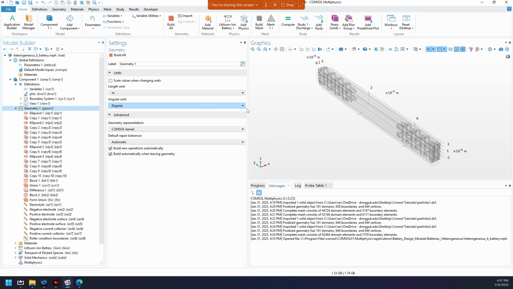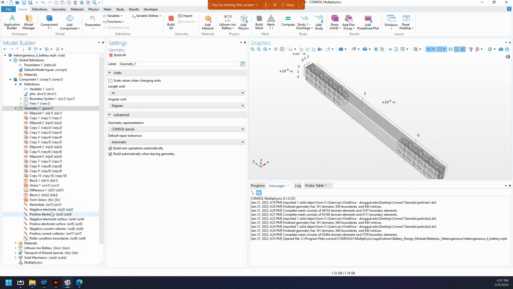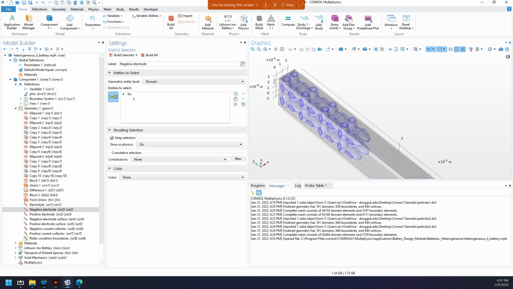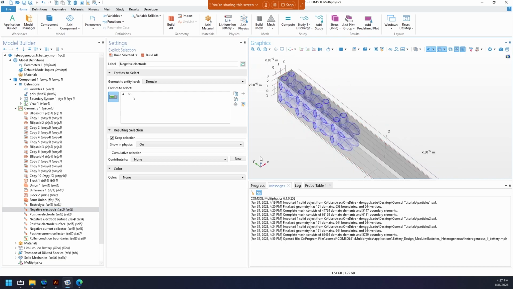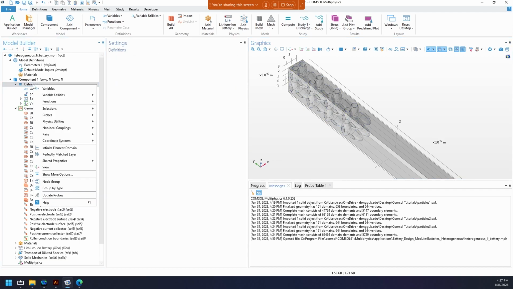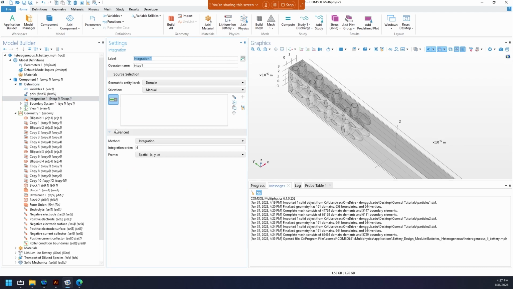So let's say this is the negative electrode, and we want to calculate the volume of all the particles, and then maybe the size of one particle. We can calculate that as well. Here we are going to define a non-local coupling parameter, the integration.